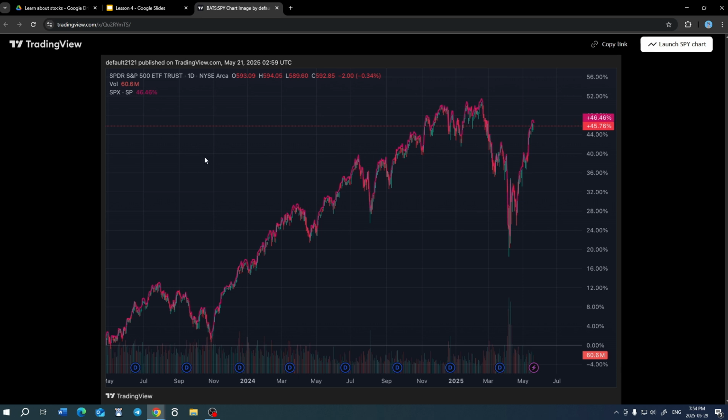Okay, so, anatomy of an index ETF. Right here we're looking at the SPX compared to the SPY, I'm pretty sure. Yeah. So the SPY tracks the S&P 500 like I mentioned, which means it holds shares of the 500 largest public companies in the US. The SPY is market cap weighted, so bigger companies like Apple and Microsoft take up more space in the fund.